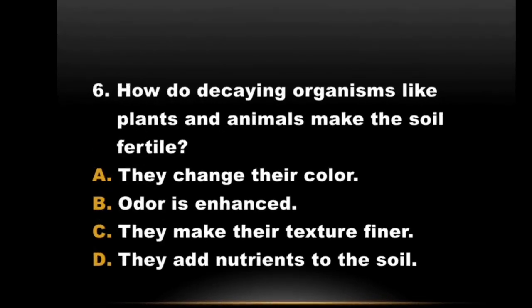Number 6. How do decaying organisms like plants and animals make the soil fertile? A. They change their color. B. Odor is enhanced. C. They make their texture finer. D. They add nutrients to the soil.